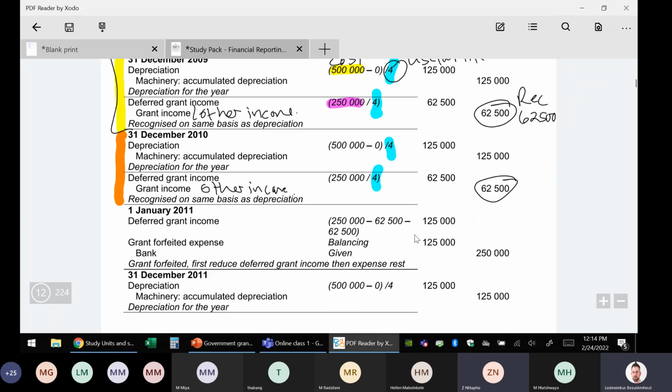And that is exactly what is on the last journal there. So there is the repayment. Credit the bank with 250. 125 goes to the deferred grant income account. We had to calculate the balance.